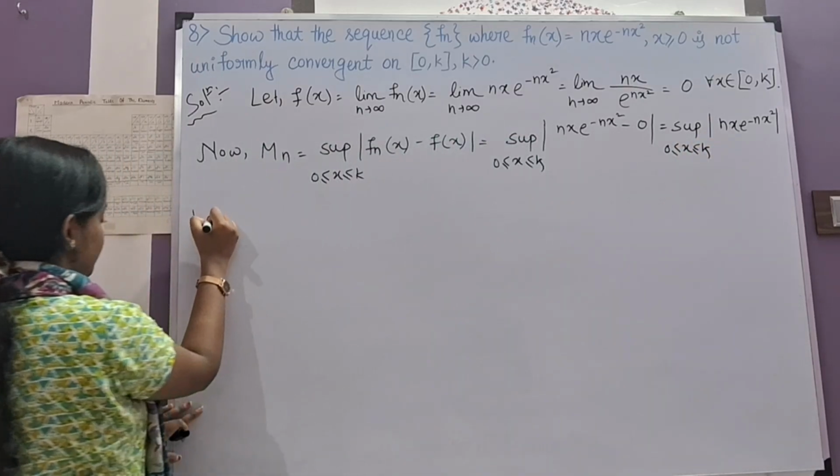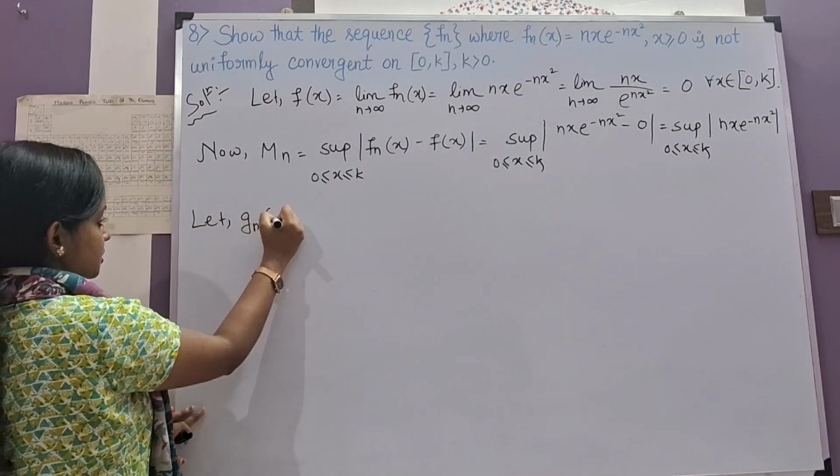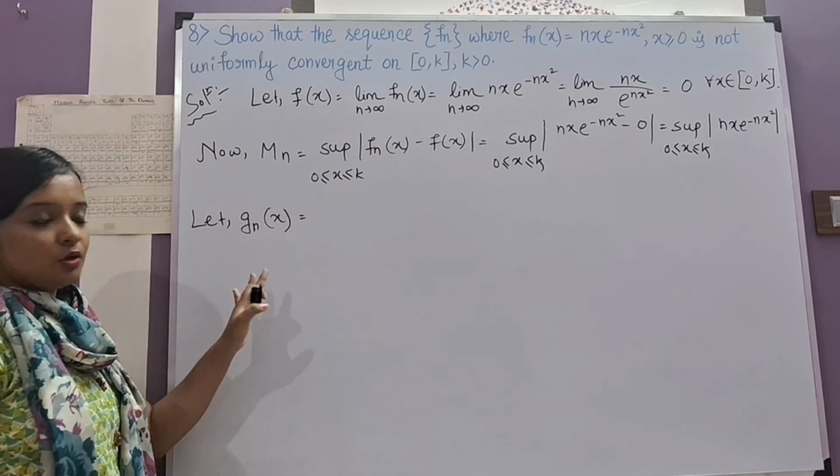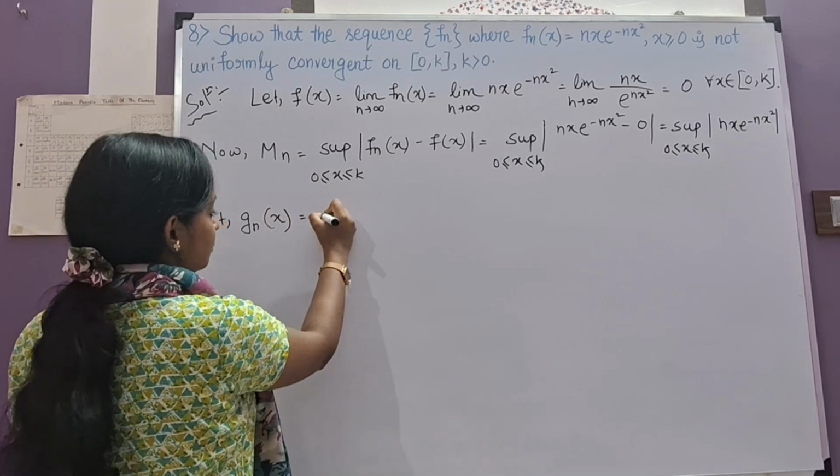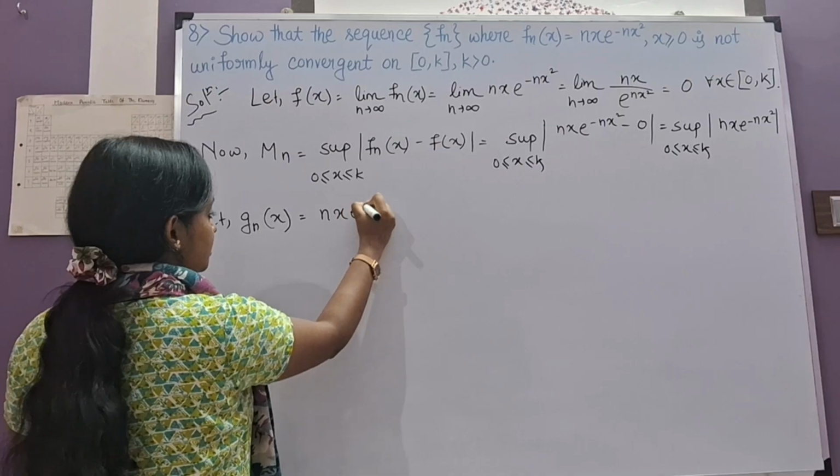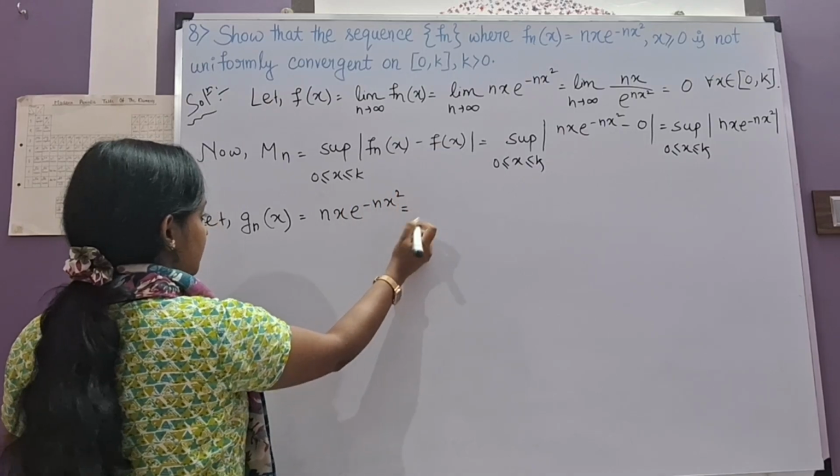Now we are going to assume gn of x. So gn of x is equal to nx e to the power minus nx squared.